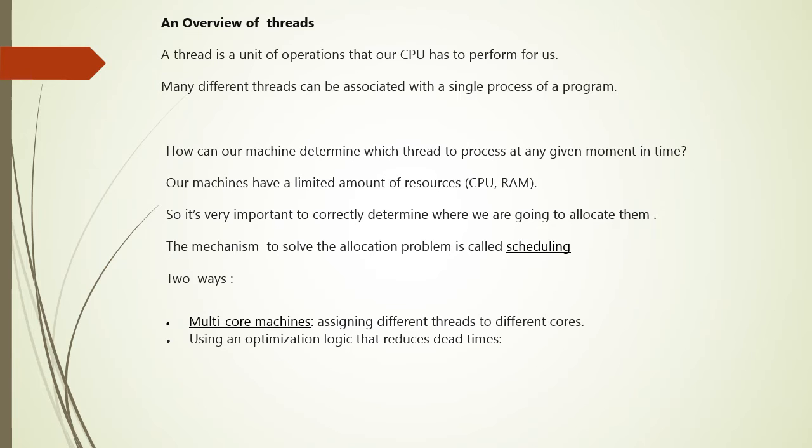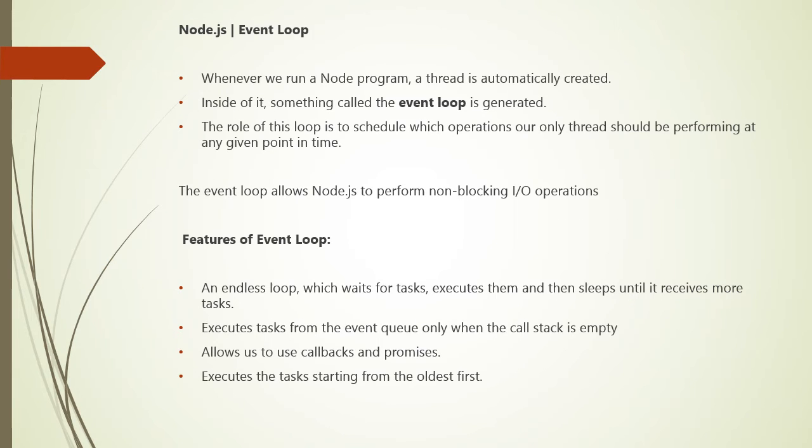This usually happens for very expensive I/O operations such as reading from the hard drive, for example. Now consider the event loop. Whenever we run a Node program, a thread is automatically created. This thread is the only place where our entire code base is going to be executed. Inside of it, something called the event loop is generated.